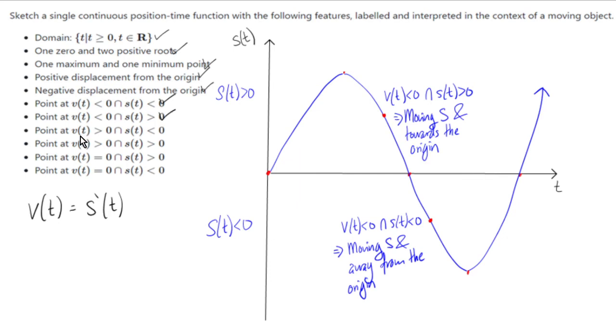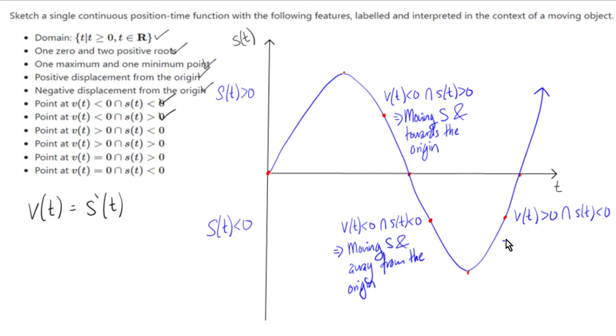The next point, we have a velocity that is positive, and we have a position time function that's negative. Okay, so that will be right here. So our velocity is positive. The tangent slope at this point is positive. So velocity is positive, and position time function is negative.